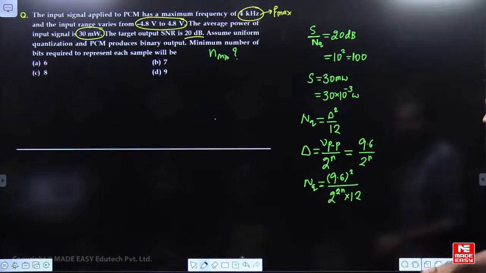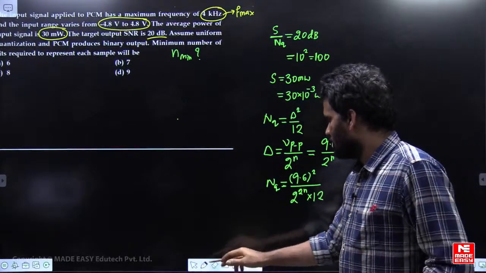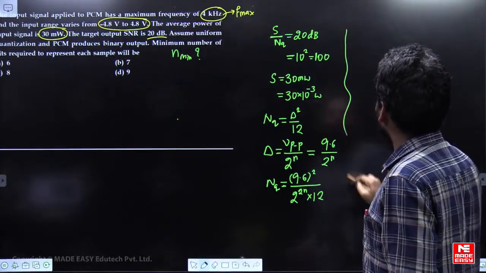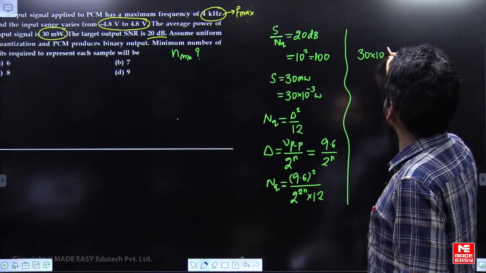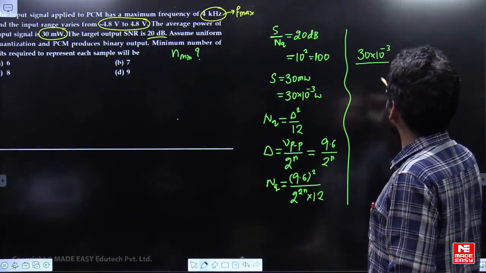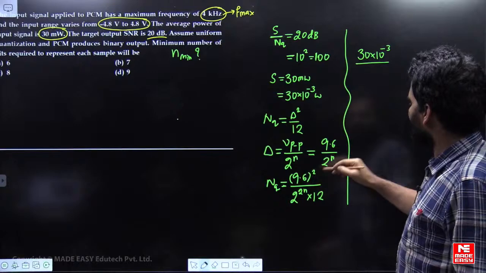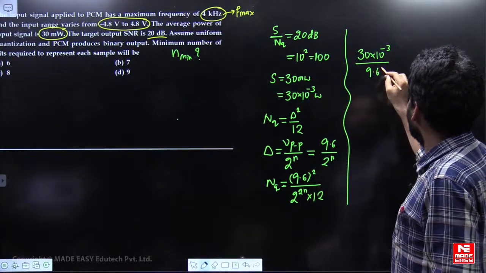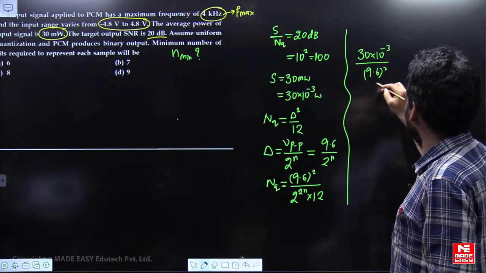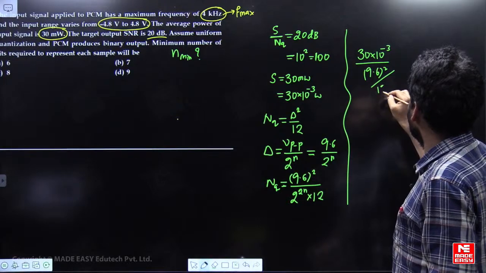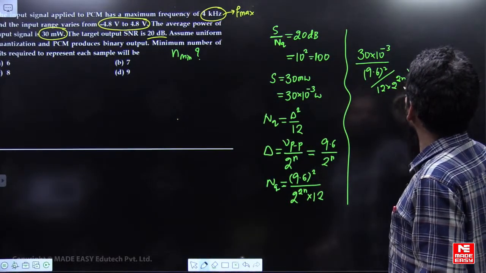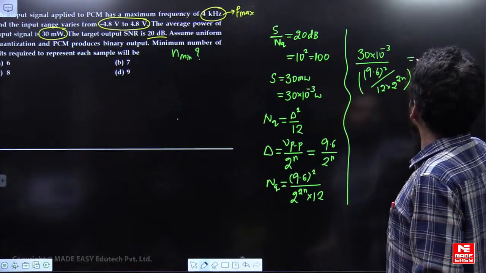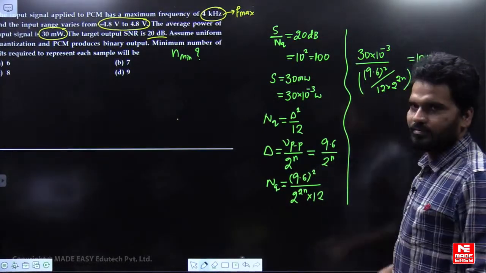So it is delta square by 12. Then S by NQ, S is signal power, which is 30 into 10 power minus 3. NQ is 9.6 square upon 12 into 2 power 2n, and it should be equal to how much here? 100.